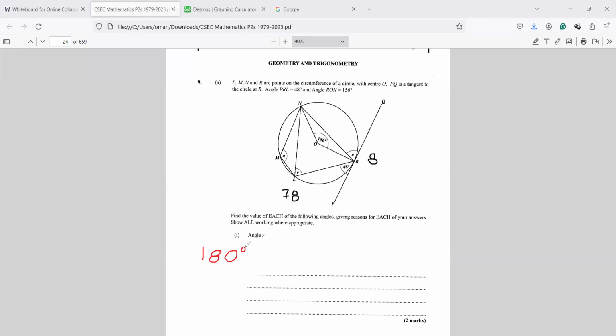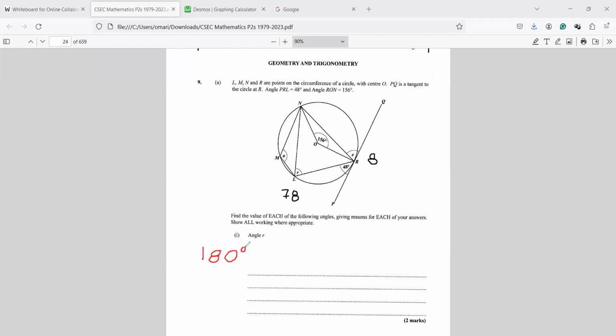Adriana, do you mind opening your mic and explaining why you said that they said E was 66 degrees for me? Sure. So the angle at the center is 156 degrees, and that makes this triangle an isosceles triangle. Which triangle are you referring to? RON. Yes.